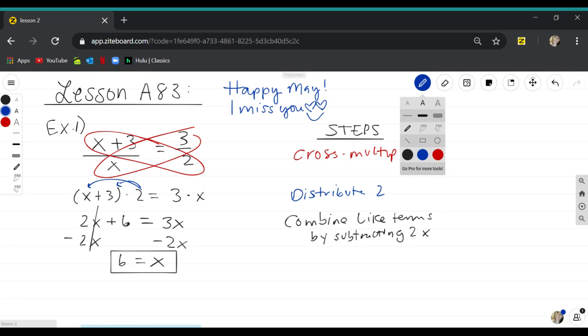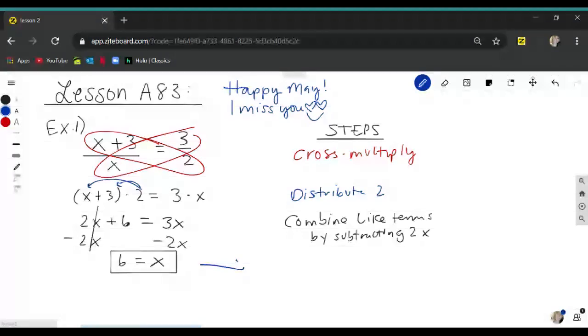Okay, and then after that we can put this over here. We can solve or check solution. That's what I meant to say. Check the solution.